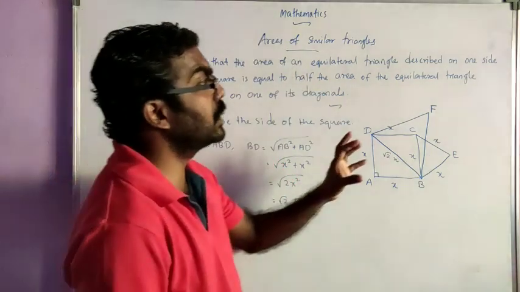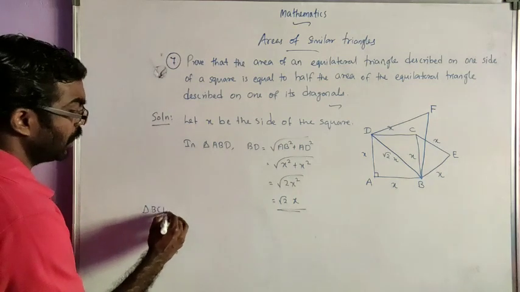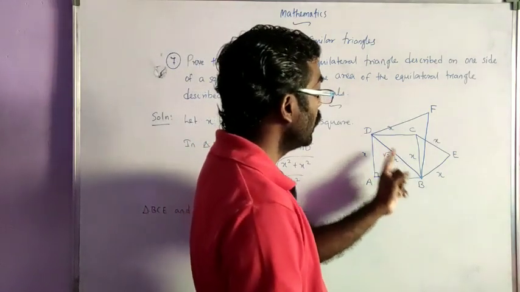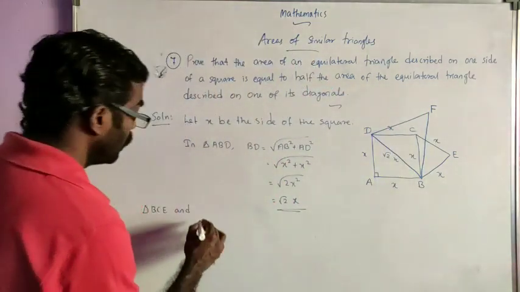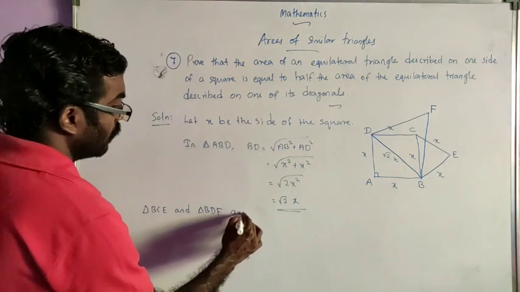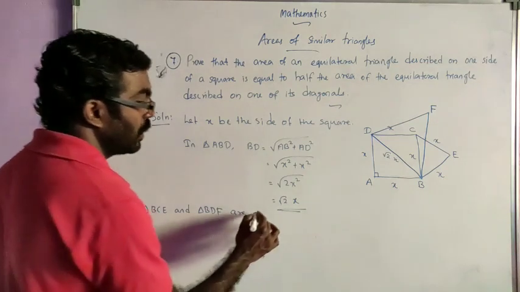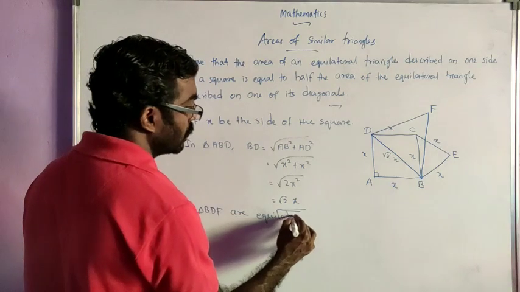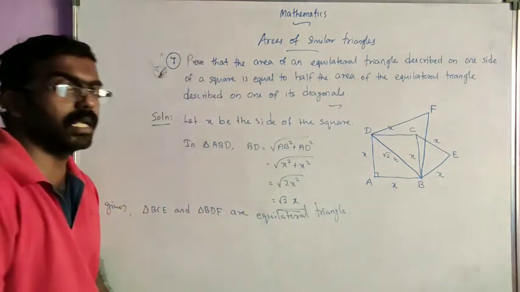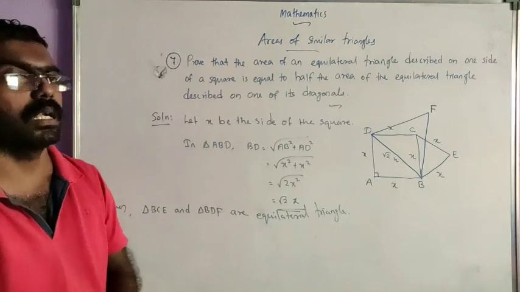Okay. The triangle described on the side, that is triangle BCE, and the triangle described on the diagonal, that is BDF, both are equilateral triangles. So given triangles BCE and BDF are equilateral triangles, that means all the angles will be equal to how much? 60 degrees each, and hence the triangles are similar.